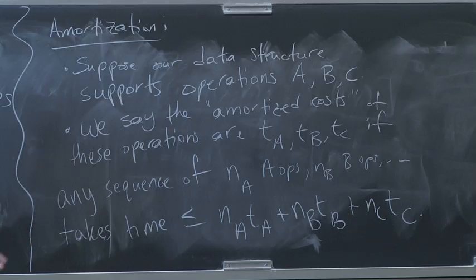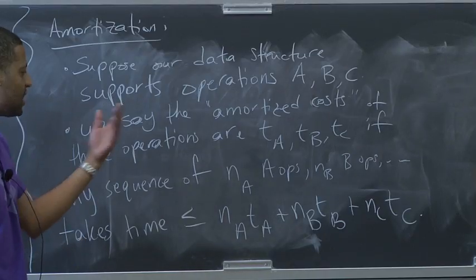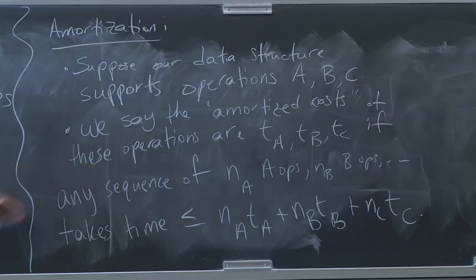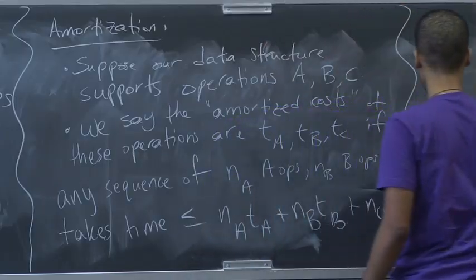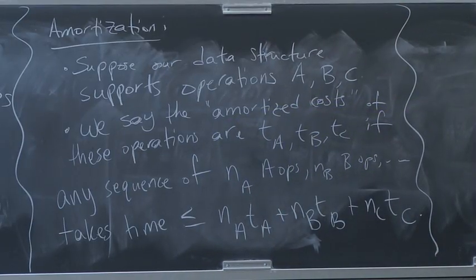So some of these operations can be expensive. Some of them can even take linear time. But as long as the sum of all the time we spent is at most this, then that's our amortized complexity. And we're going to see some examples.